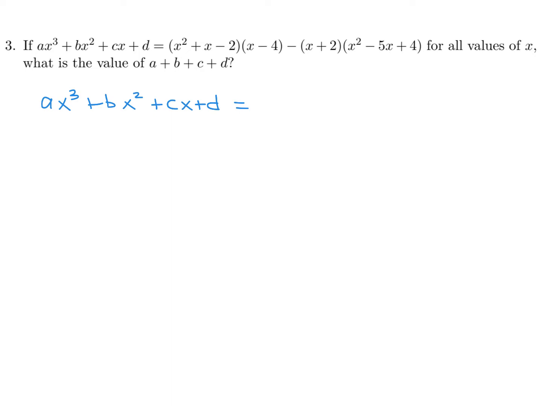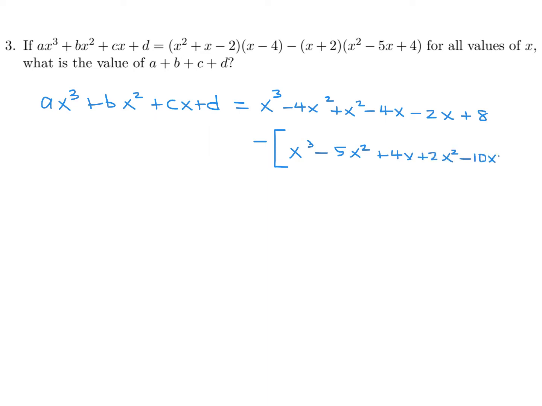Okay, let's do that. So we get x to the power of 3 minus 4x squared plus x squared minus 4x minus 2x plus 8. And then minus, so we've got to put this in brackets, x to the power of 3 minus 5x squared plus 4x plus 2x squared minus 10x plus 8.